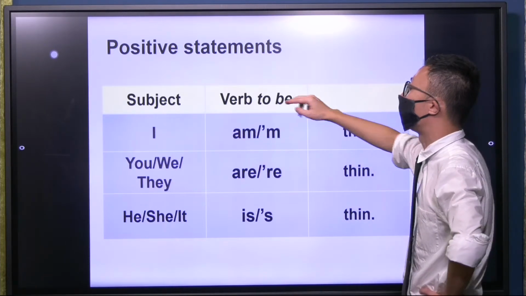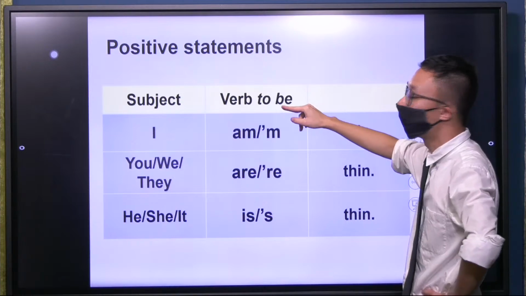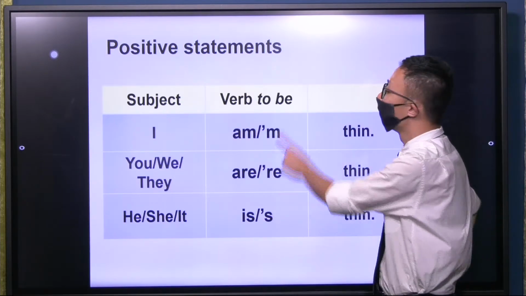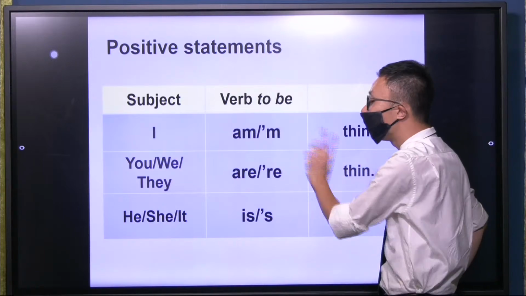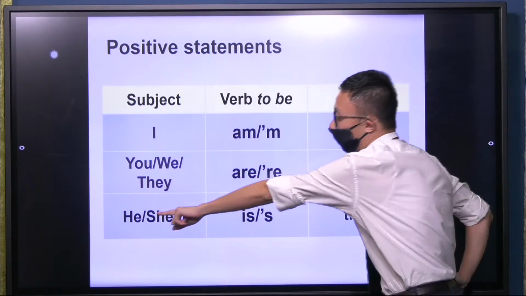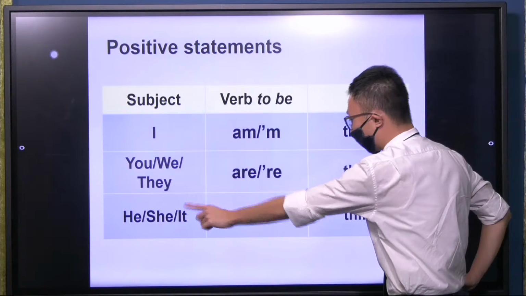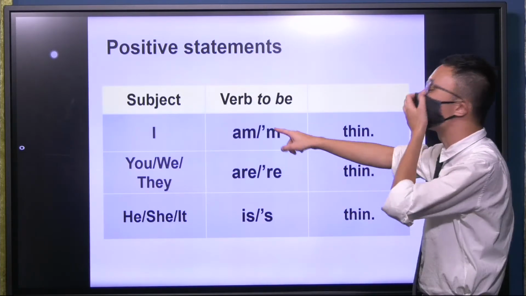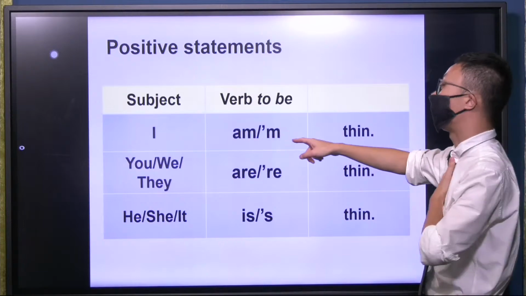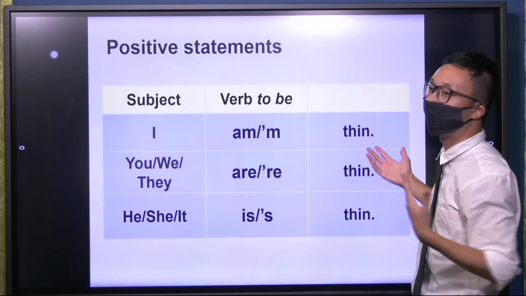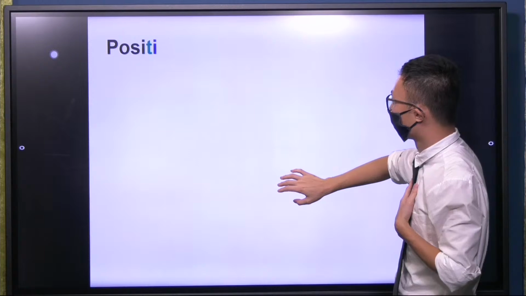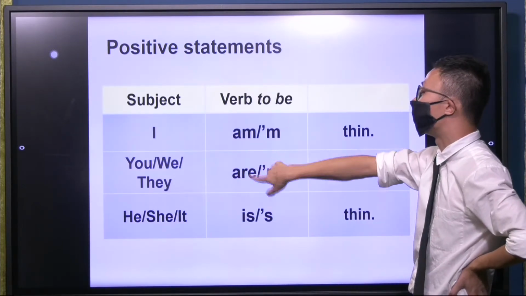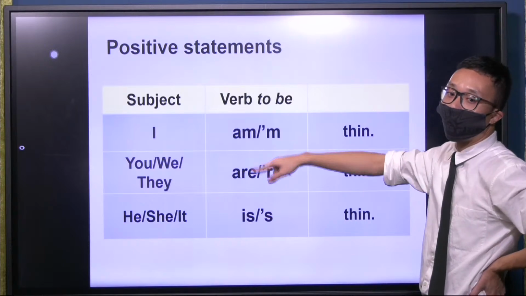So be itself is a verb, but for present singular he, she, it, we don't say bees. No, it's is. He is Finn. She is Finn. All right? And for I, it is am. I am. I am Ka Hei Wong. I am Finn. And for you, we, they, we will use are. All right? Are right here.